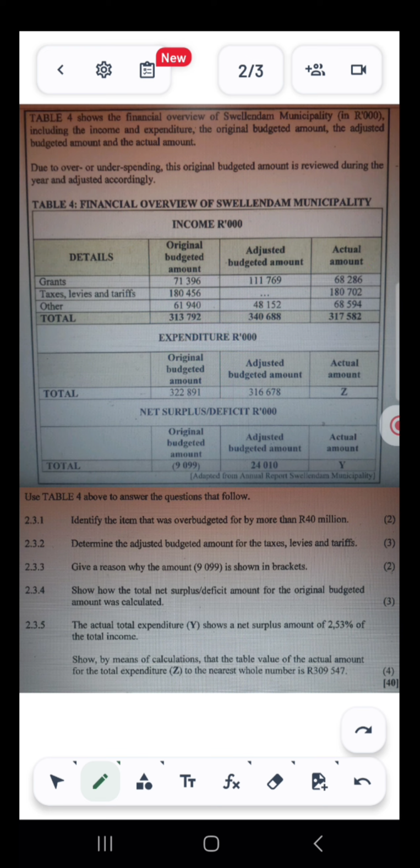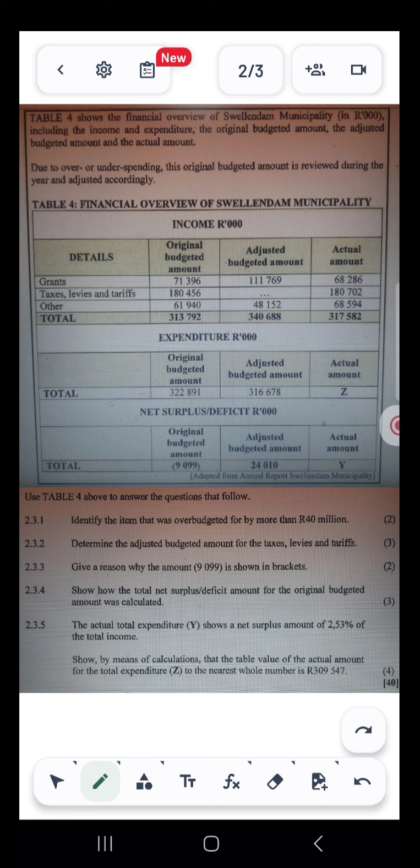That's the actual amount. And then taxes, levies and tariffs was 180,702,000. So levies and taxes were close to the original budget. The actual one was below the budgeted one for grants. And then other was 68,594,000. So other was a bit more.